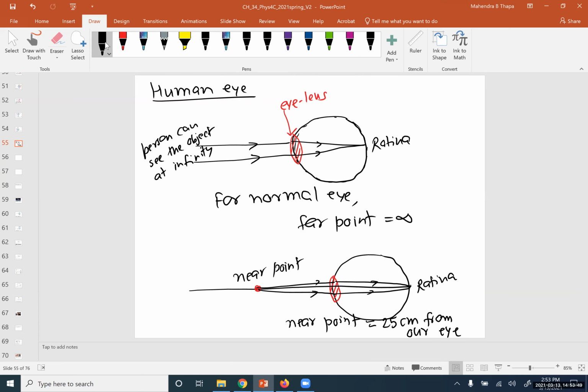This is for the normal eye. If there is no defect, the person can see the object at the near point.